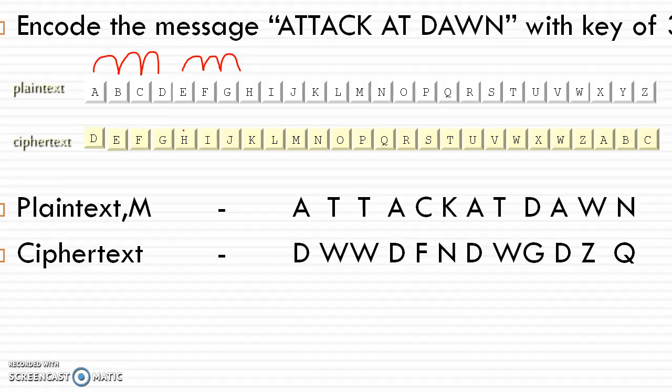After getting all these ciphertext characters, you have to encrypt your message. Your given message is attack at dawn. That is your plain text message to be encrypted.